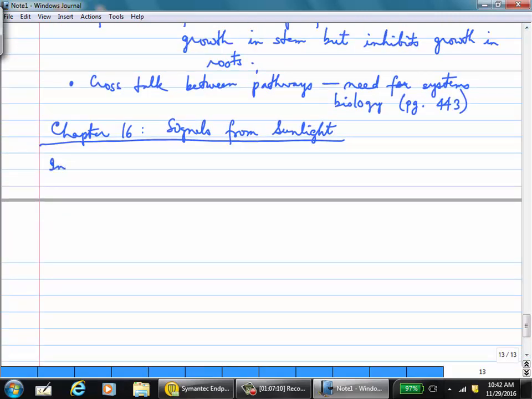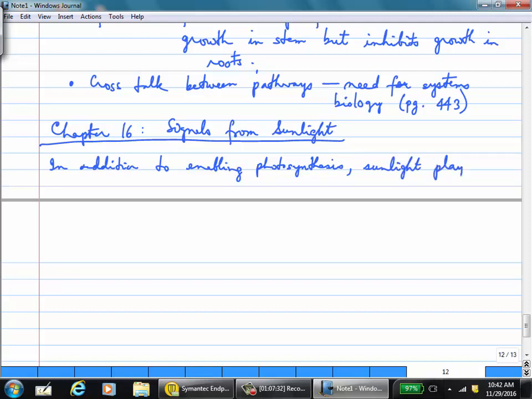So in addition to enabling photosynthesis, sunlight plays an important role as a signal for plant growth and movement.